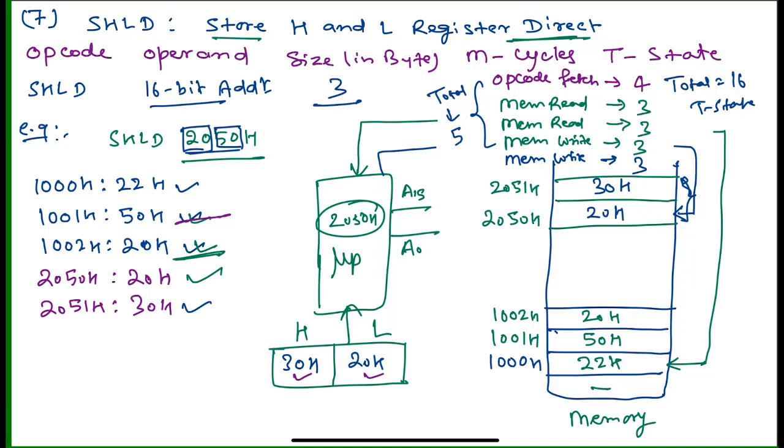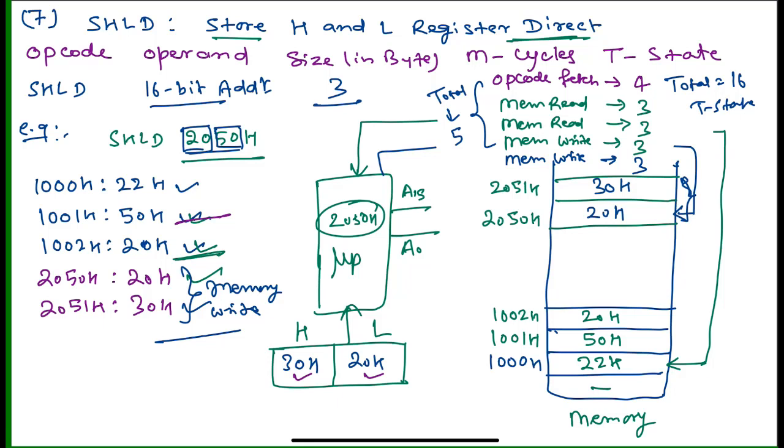Then the next two memory read operations are common to SHLD as well as LHLD, but the last two operations in LHLD were memory read, whereas in this case they are memory write. So this is the basic difference with respect to machine cycle operation, but the number of T states required is the same in LHLD as well as SHLD.